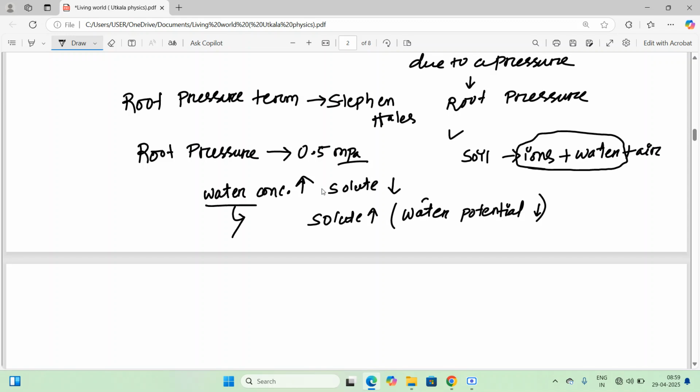If the xylem water potential is less, then it will require water. Yes or no? Then it provides a driving force for water absorption, which in turn leads to a positive hydrostatic pressure in the xylem.